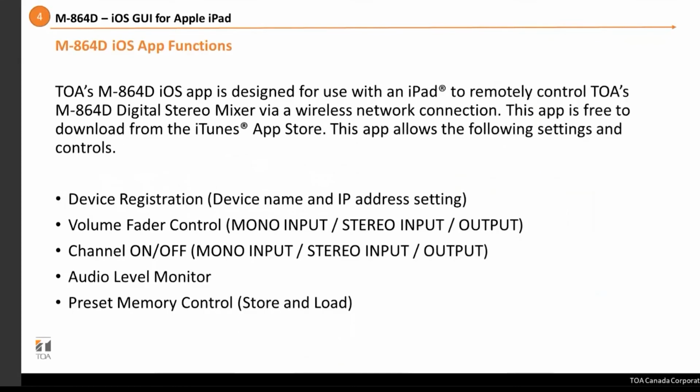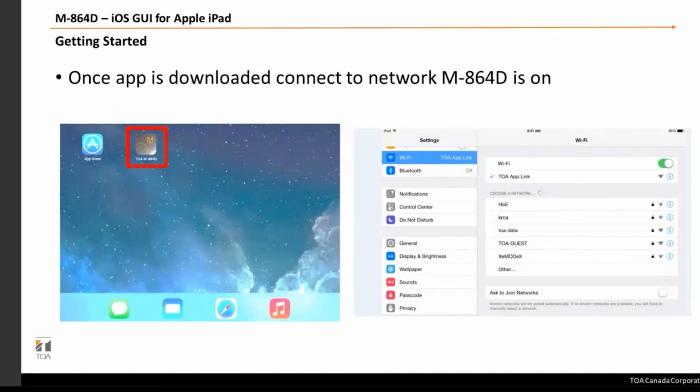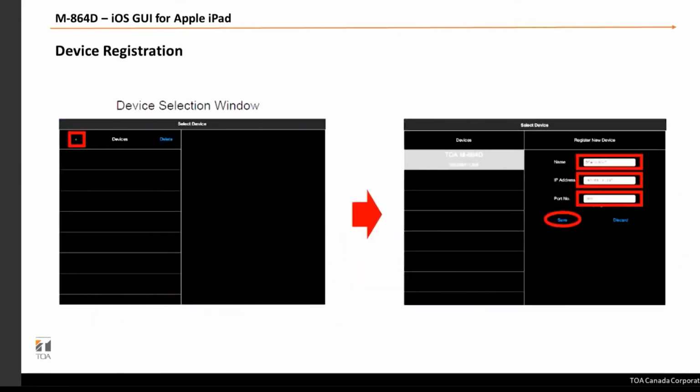Now we'll look a little bit at the app. It's important to mention that the iOS app is available only for the iPad, not for the iPhone at this time. So we'll look a little bit at how it works. You'll find that on the App Store. Search for the M-864D app, and you'll find it easily. Then you'll install that on your iPad and select and synchronize with the device available there.